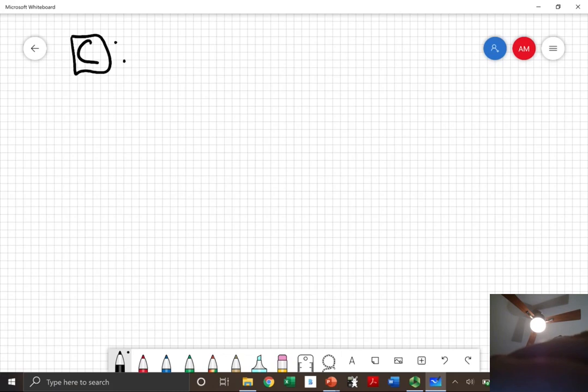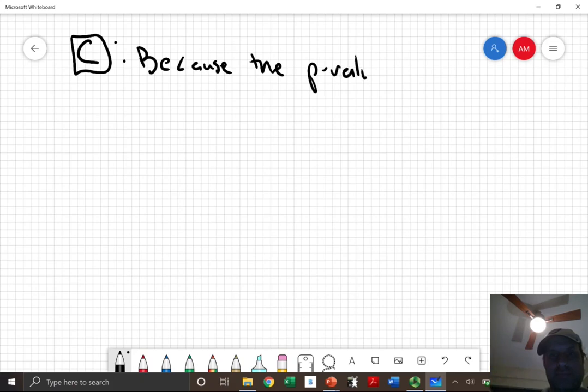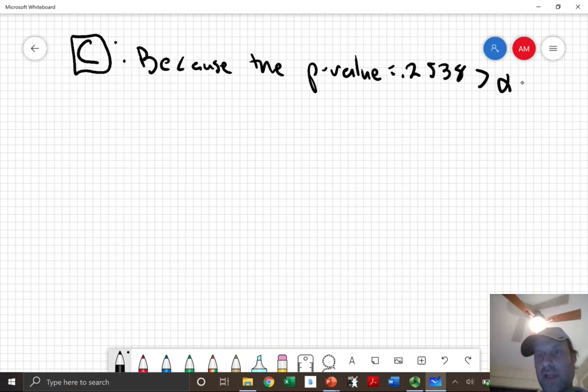All right, so conclude. We are going to say, because the p-value, which equals 0.2538, is greater than the alpha level, which is 0.05. Remember, alpha is like your bar, right? So it's greater than the bar.